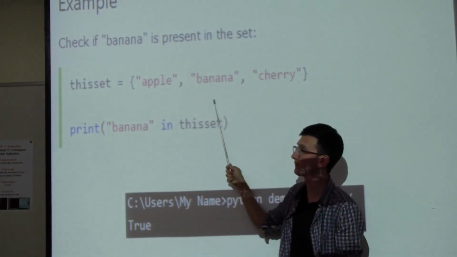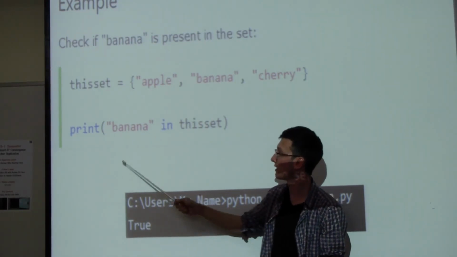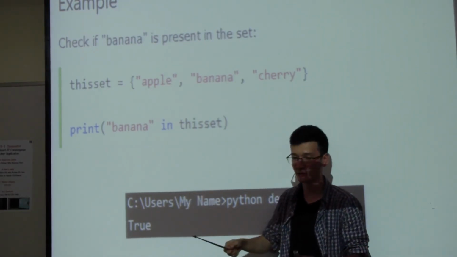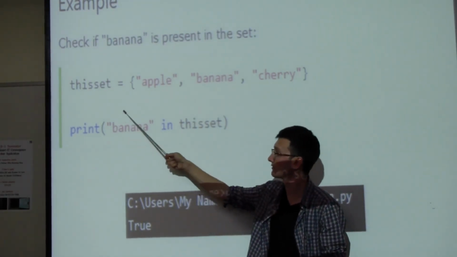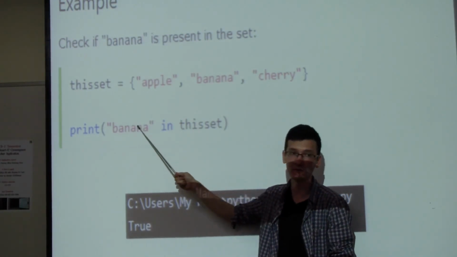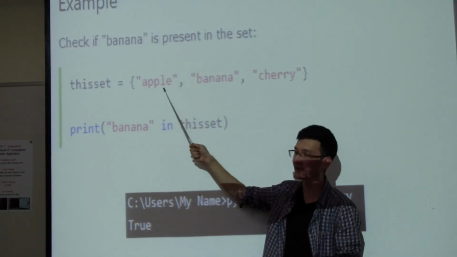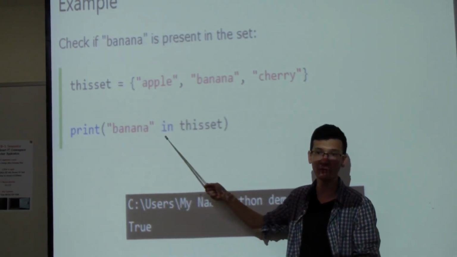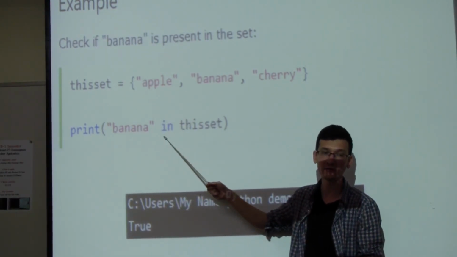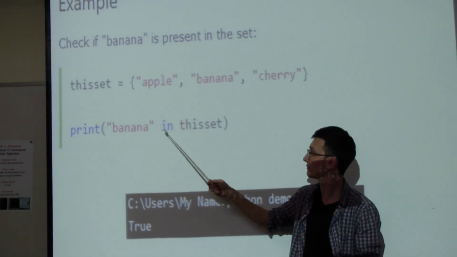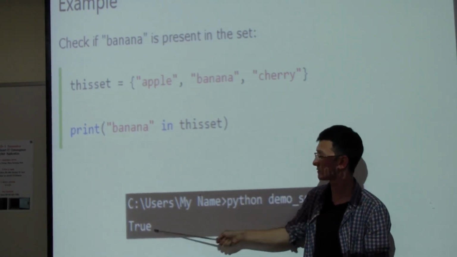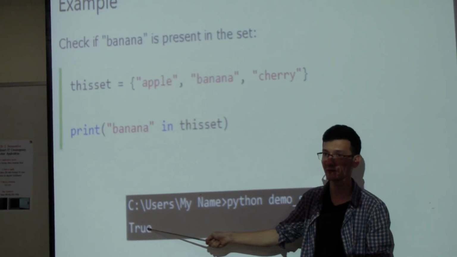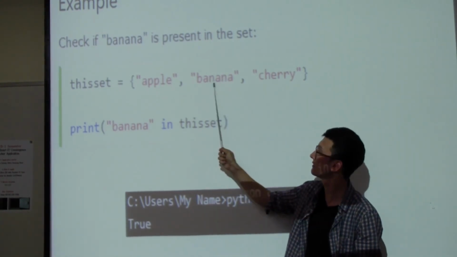So, we have a set, and now we would like to check whether there is this kind of value, banana, in our set. So we use in. This is one operator. It will check banana in this set. True, because we have banana here.